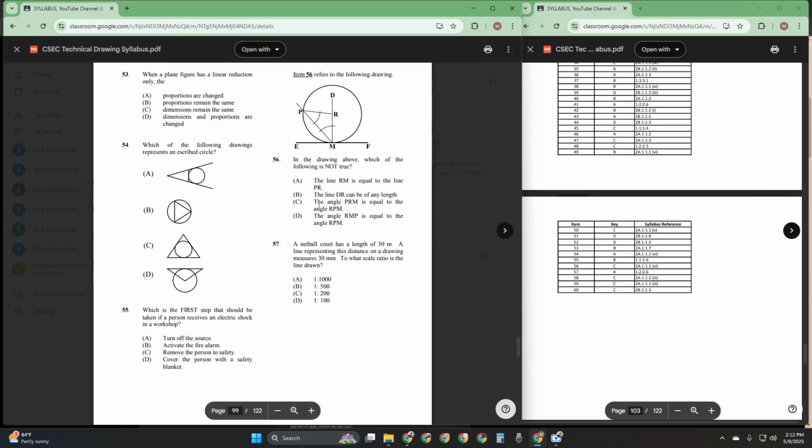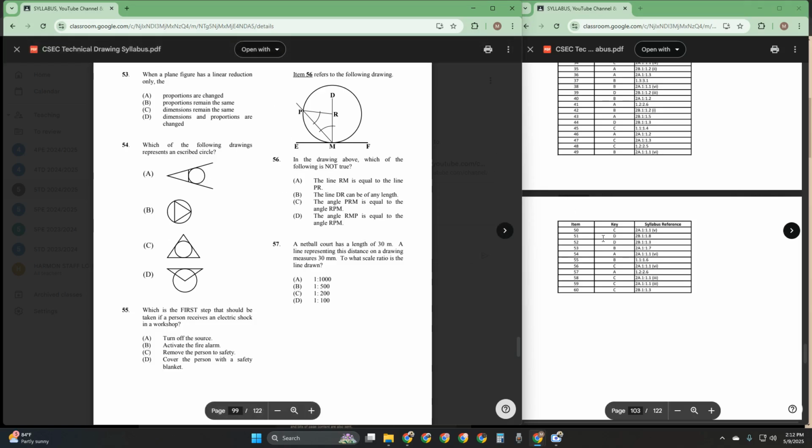The angle PRM is equal to the angle RPM. Okay, the angle RMP is equal to the angle RPM. All right, I think I know what the answer is.